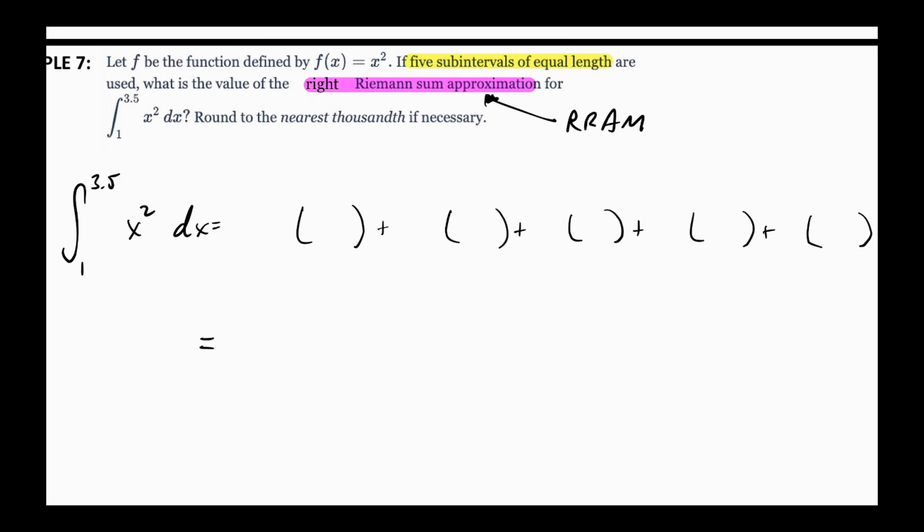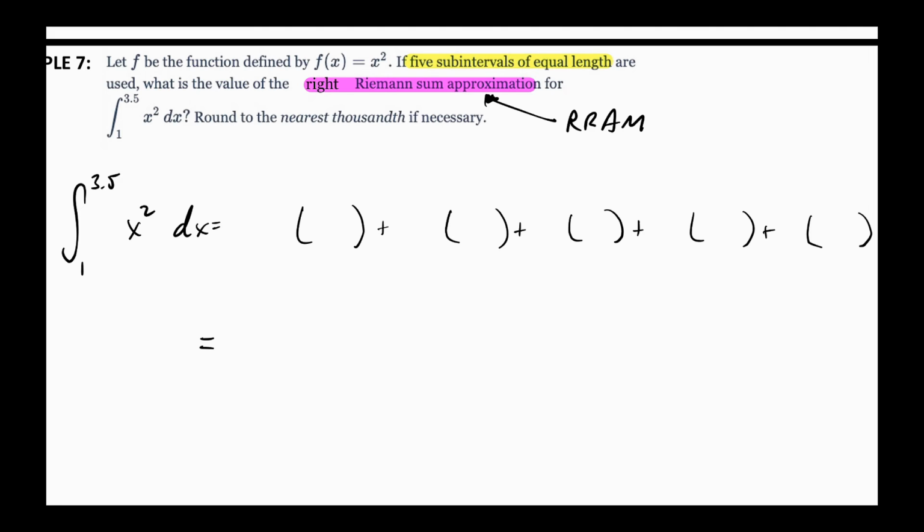I know I need 5 rectangles. I know my bounds go from 1 to 3.5, so just the area between 1 and 3.5, right? I know I need 5, and they all have to be equal width. Exactly. How'd you get that, Roman?